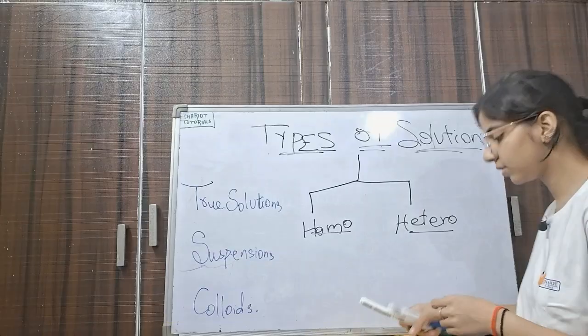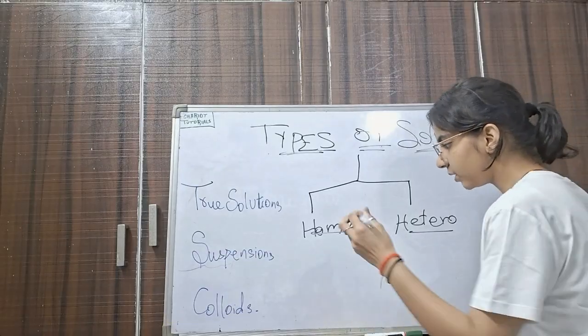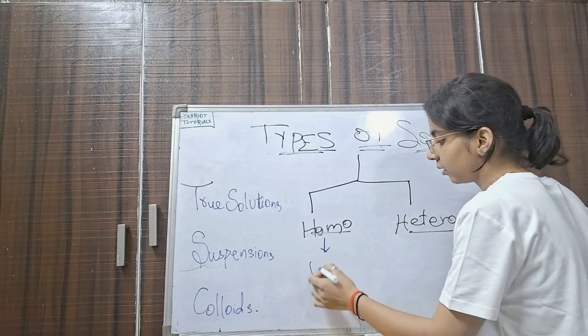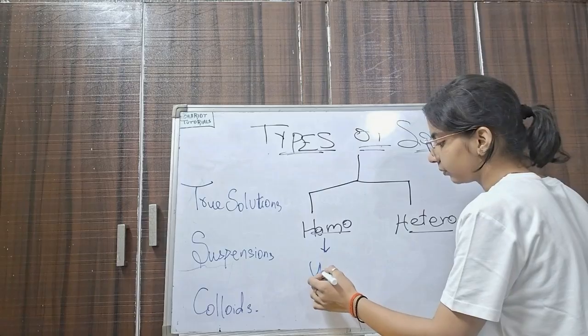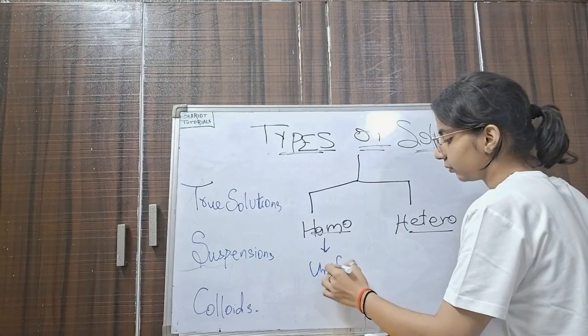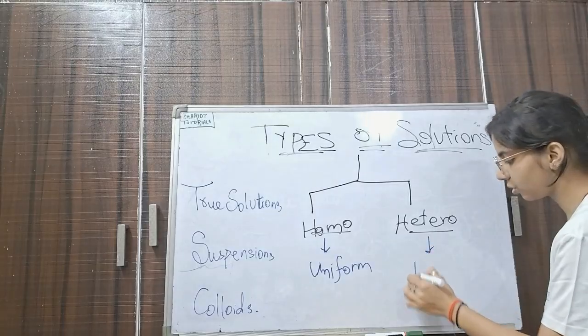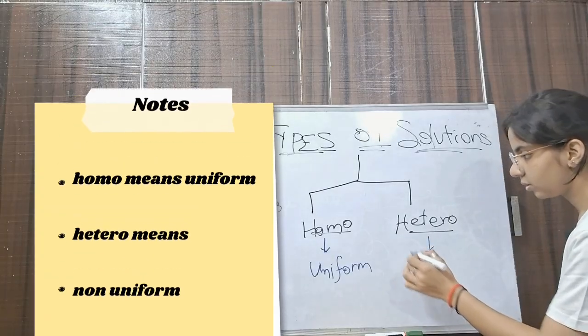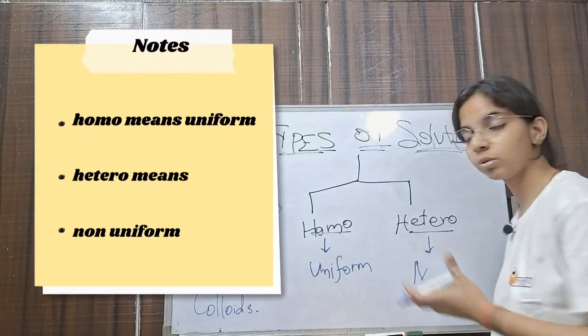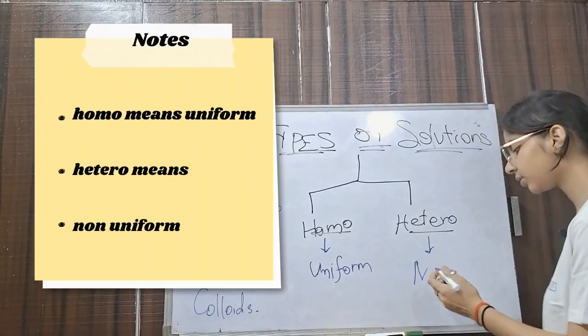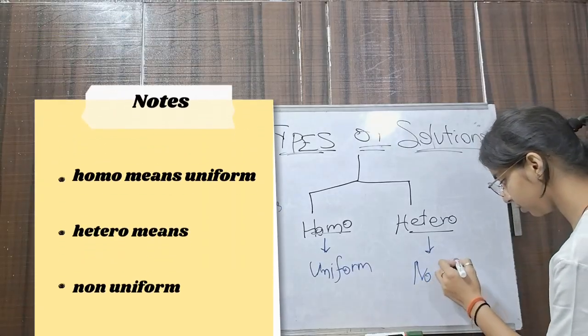As the name justifies, homo means uniform. And hetero means non-uniform. So homogeneous solutions are the uniform solutions. Heterogeneous solutions are the non-uniform solutions.